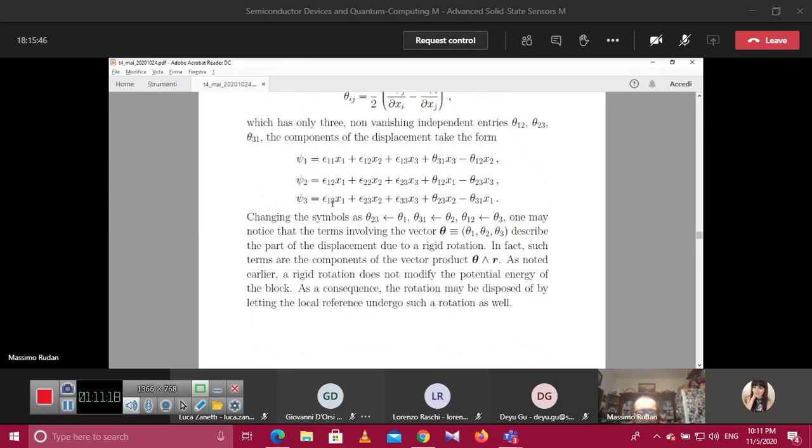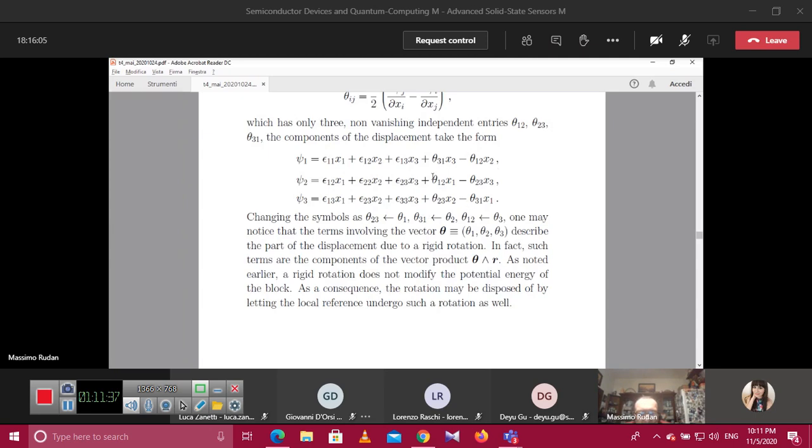Now, the components psi1, 2, and 3 are those of the displacement. The displacement is written in terms of the coordinates of the point that is being displaced using the strain tensor and the other tensor.